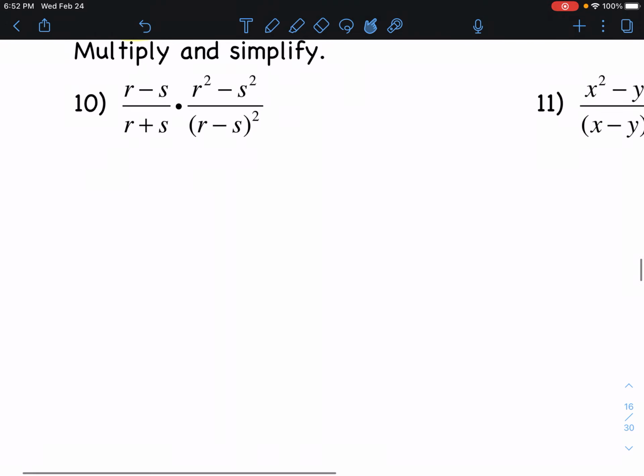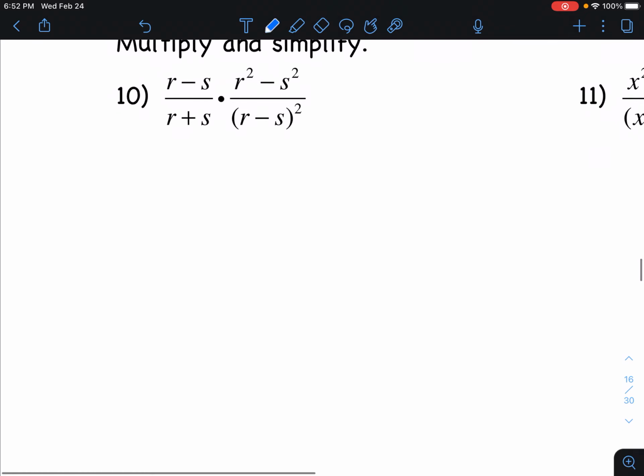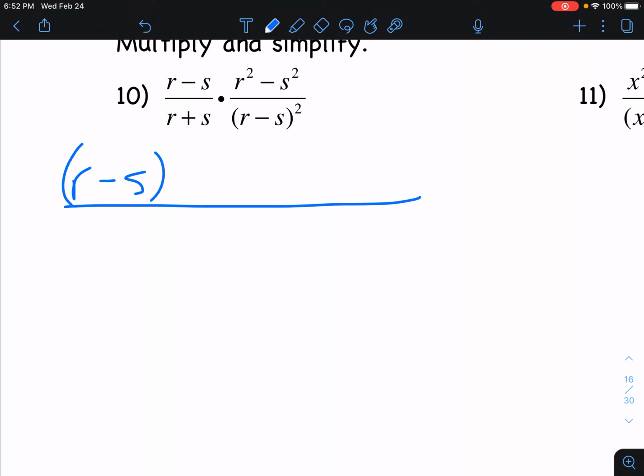So, number 10, let's start with our big fraction. The top left cannot be factored. So r minus s. The top right is a difference of squares. So that would be r plus s, r minus s.